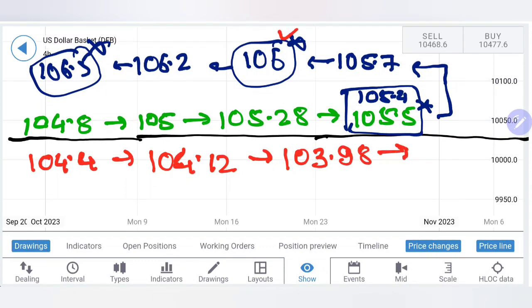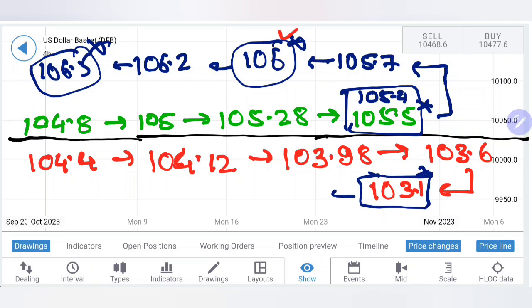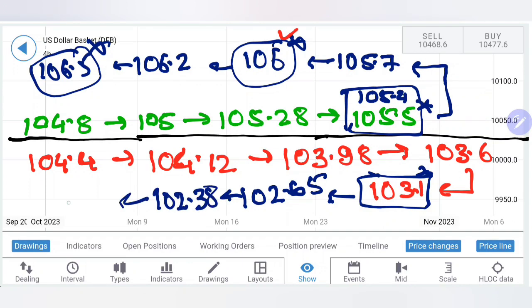And if it breaks below this, you can say more bearishness will take it towards 103.6 and then 103.1 levels. Now see, 103, 103.1 is the major support level on the downside. If it stays below this, remember more crashes coming on the way. We can look forward to 102.65, 102.38 and then 102 levels. This is the next milestone.